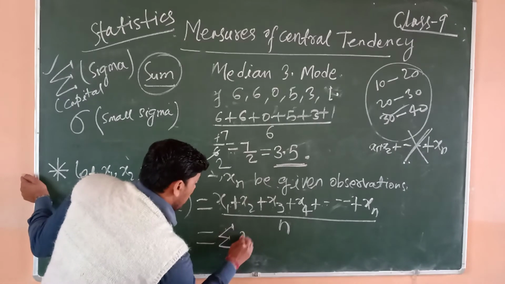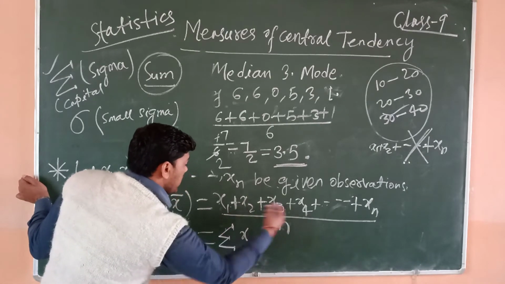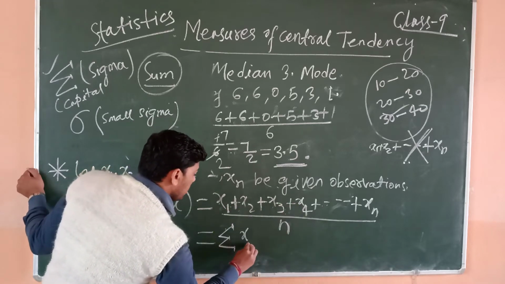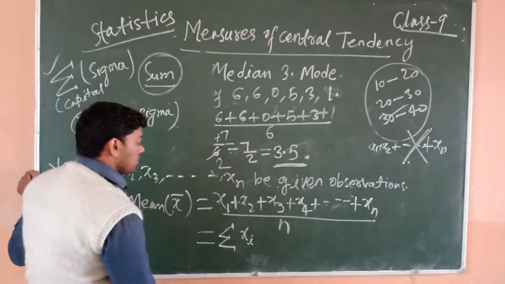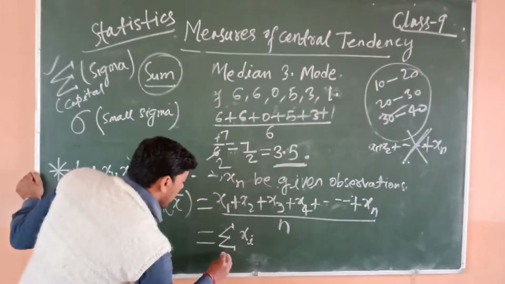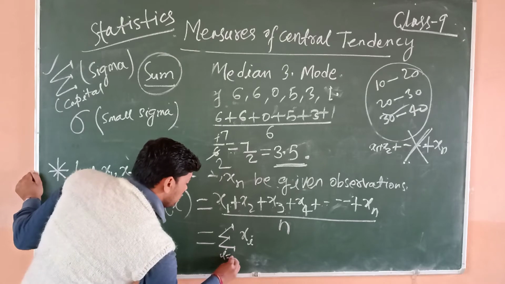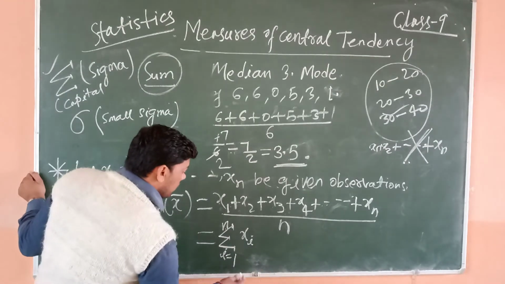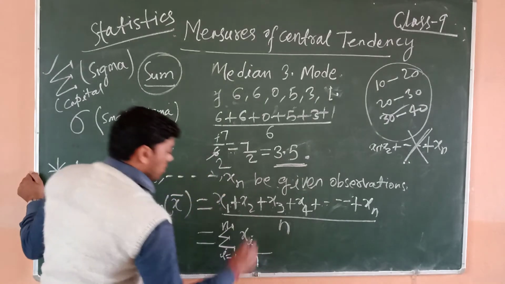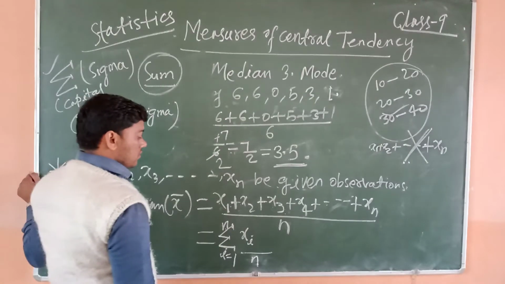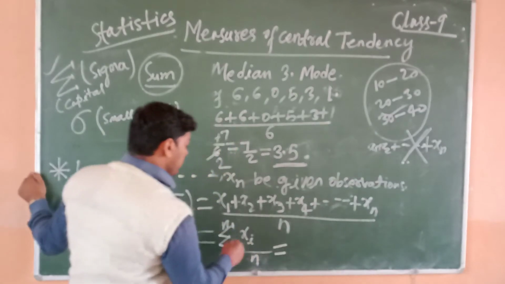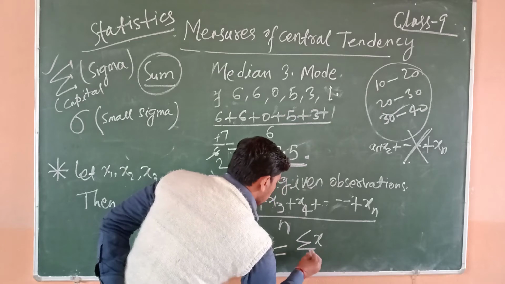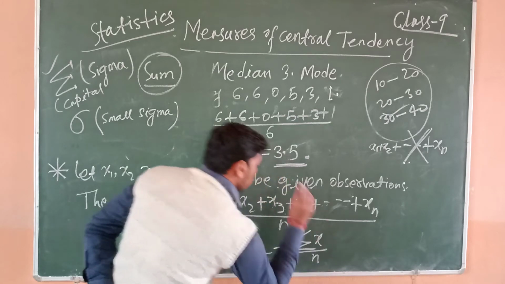For these subscripts we write a single variable i, where i varies from 1 to n, upon total number of observations n.